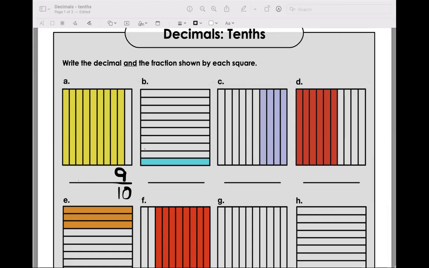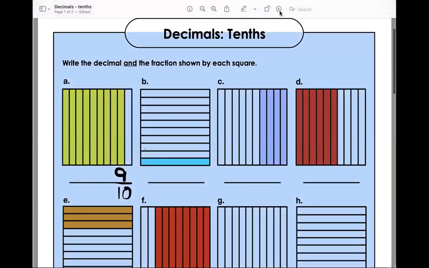Now to write the decimal, that could be a whole long video in itself, because we really want to understand what decimal means. It's a number that's less than 1, just like fractions are less than 1. Since it's less than 1, we're going to have a 0 in the front of this number.